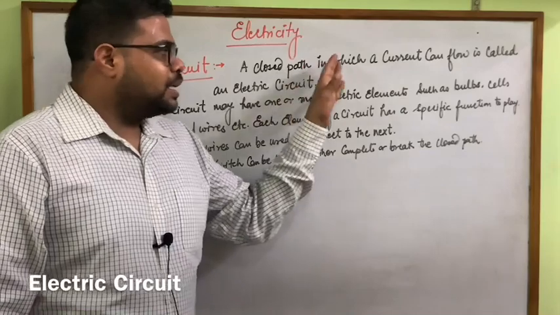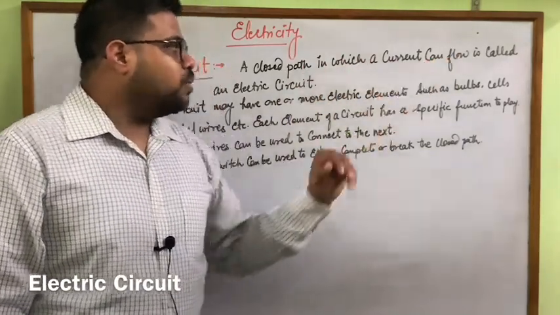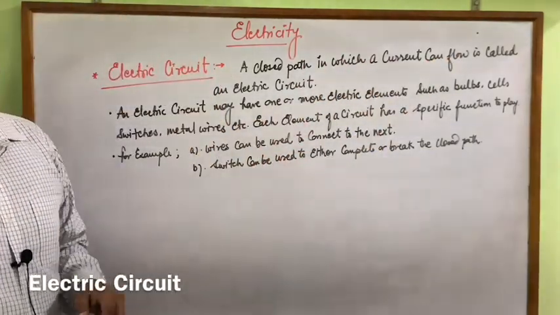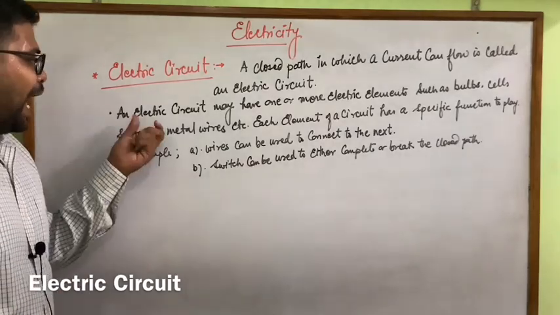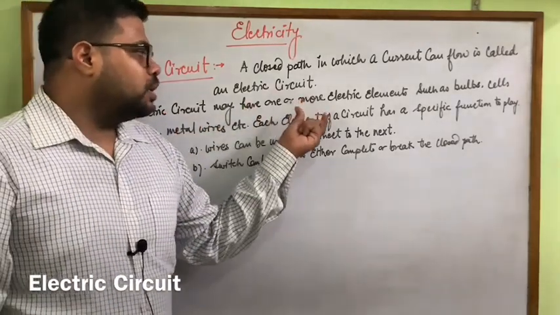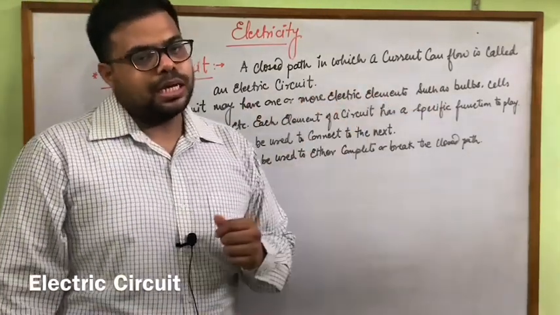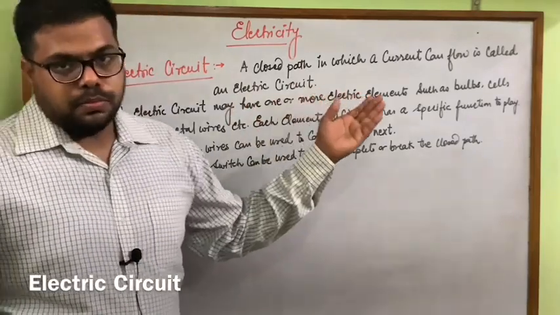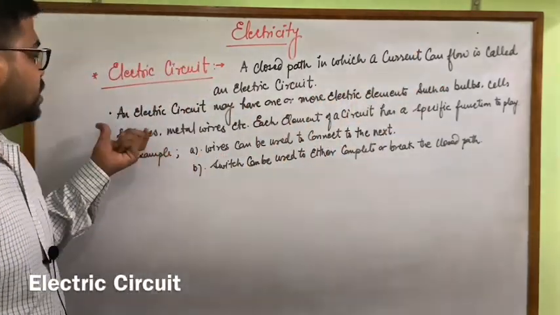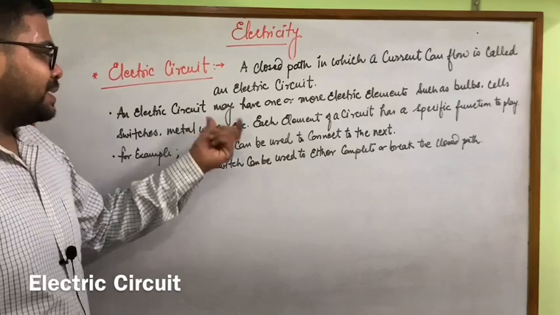A closed path in which a current can flow is called an electric circuit. An electric circuit may have one or more electric elements like bulb, cells, switch, metal wires, etc.